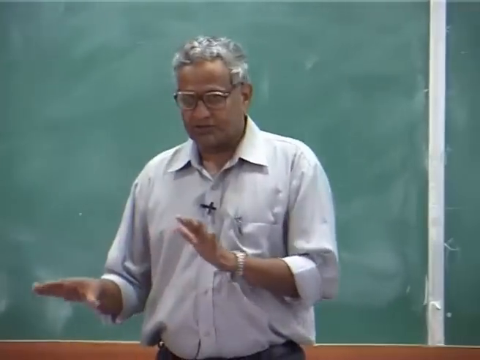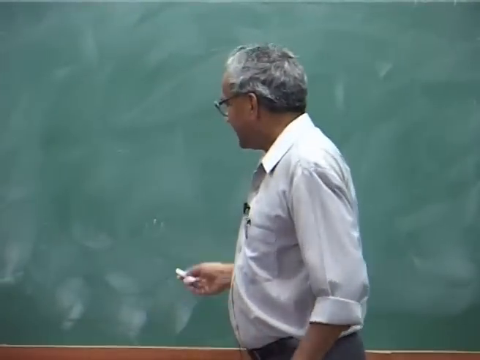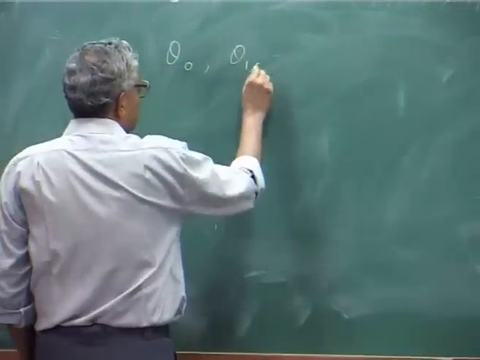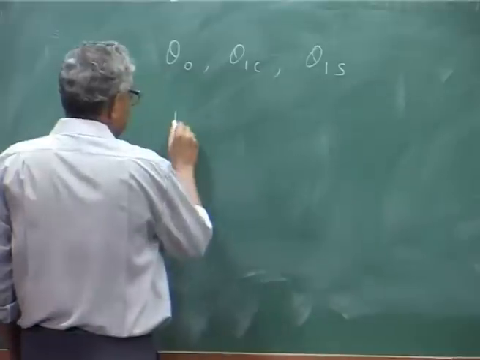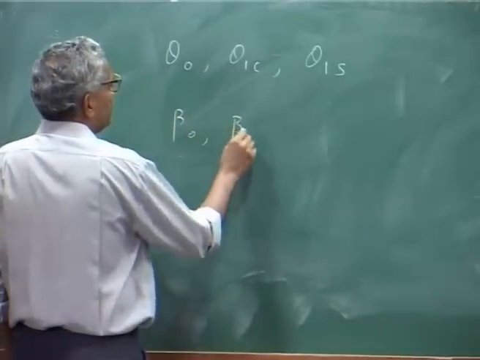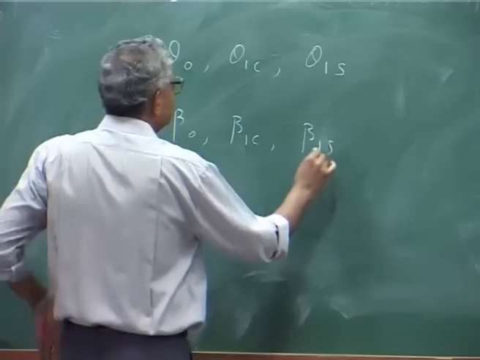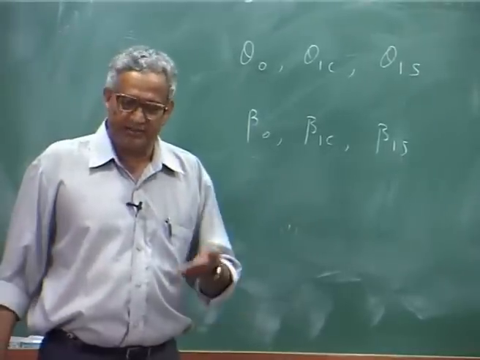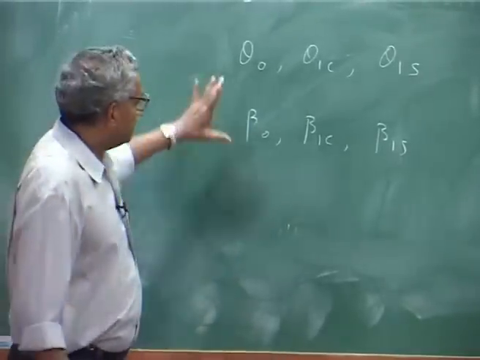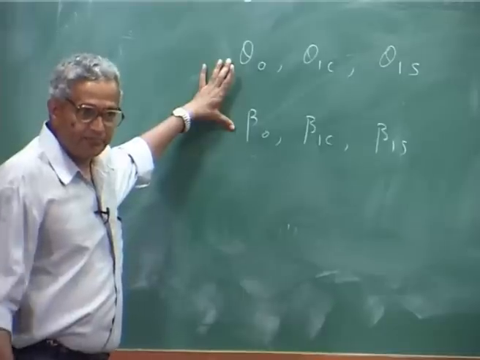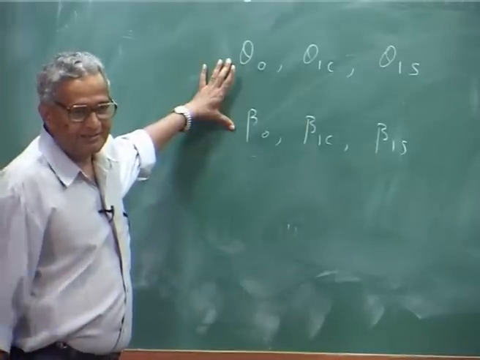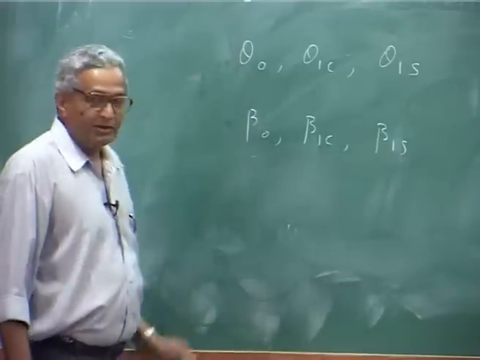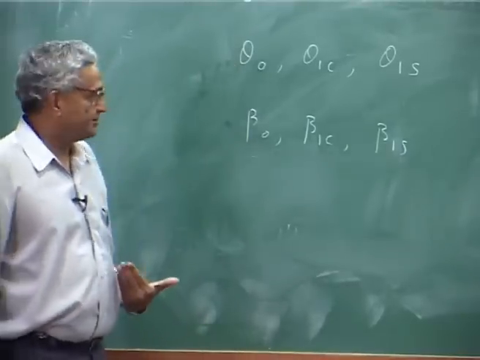In all these loads, we had theta 0, theta 1c, theta 1s, and then we had beta naught, beta 1c, beta 1s. Of course, solidity ratio sigma is there, lift curve slope is there, everything is there. But these 6 quantities are given in the loads expression.